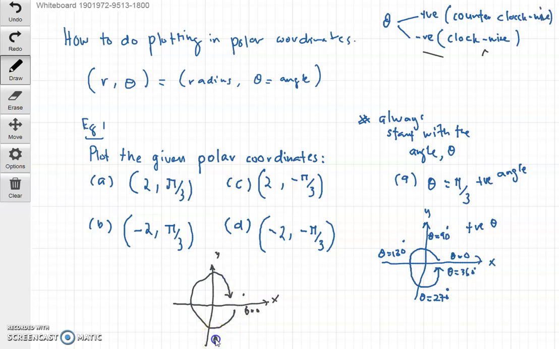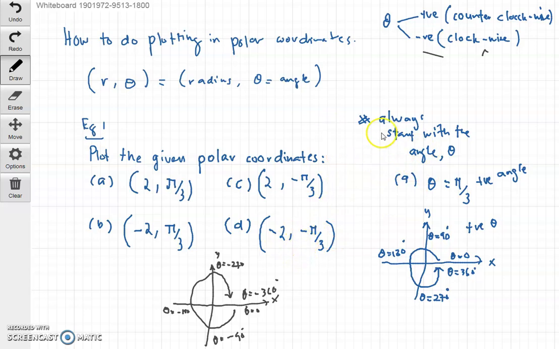The value of theta here will be negative 90 degrees, here negative 180 degrees, here negative 270 degrees, and for one complete cycle, again you get 360, but in negative terms, negative 360. That's the difference between the positive and negative angle.